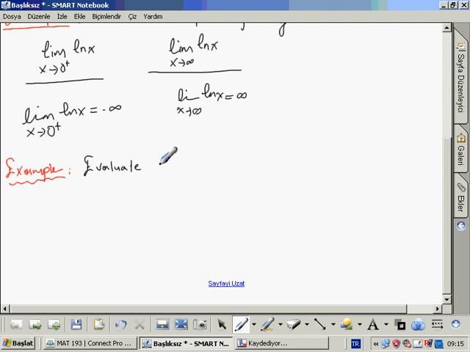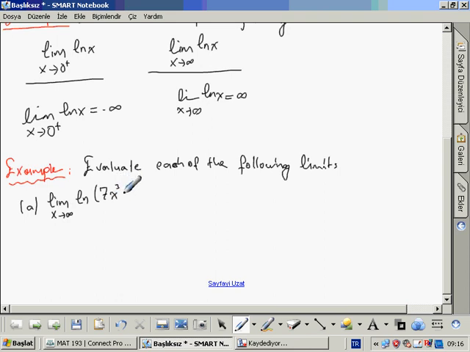Evaluate each of the following limits. Part A: the limit as x approaches infinity of ln of 7x cubed minus x squared plus 1.